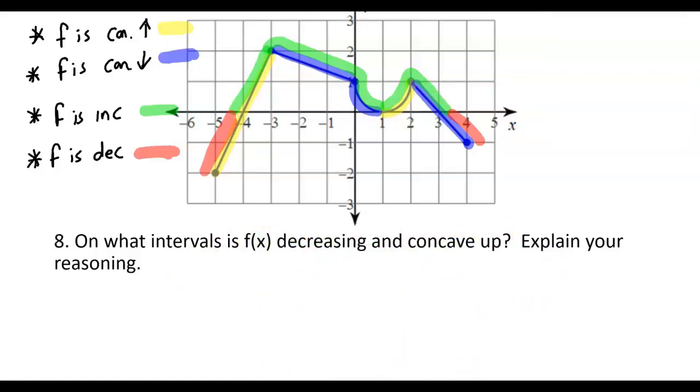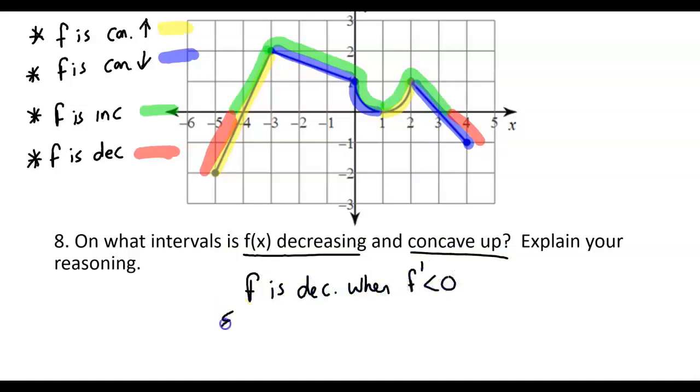Number 8. On what intervals is F decreasing and concave up? F is decreasing when F prime is negative, and F is concave up when F double prime is positive.